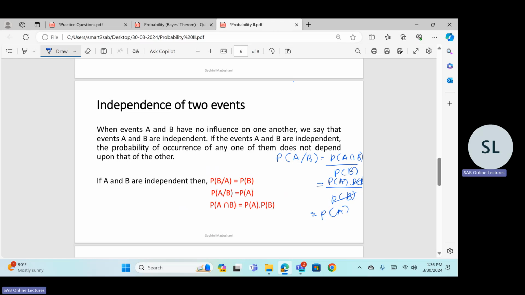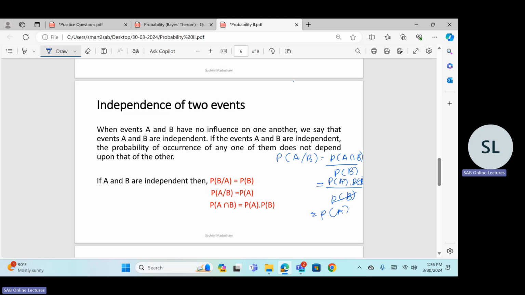We do not need the formula to find the conditional probability. If A and B are independent and we need the probability value for B given A, what is the second event here? B. Then this is equal to the probability of B.